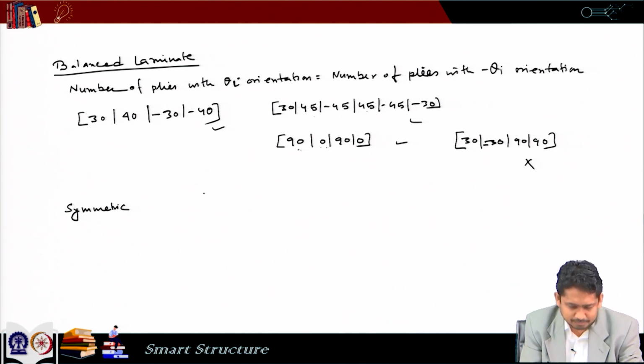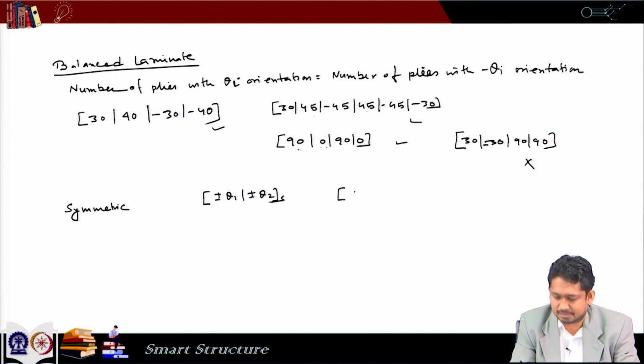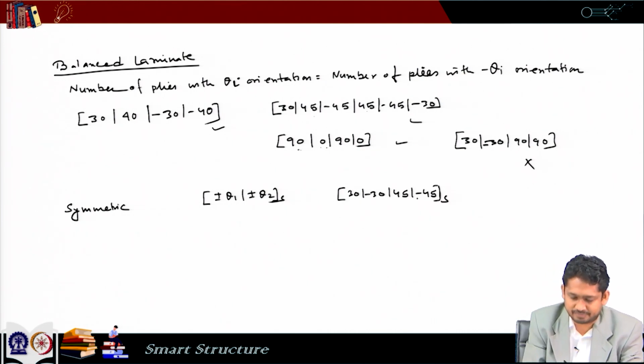For example, plus minus theta 1, plus minus theta 2, symmetric, that is a balanced laminate. An example can be 30, minus 30, 45, minus 45, symmetric. So, it is symmetric as well as balanced.